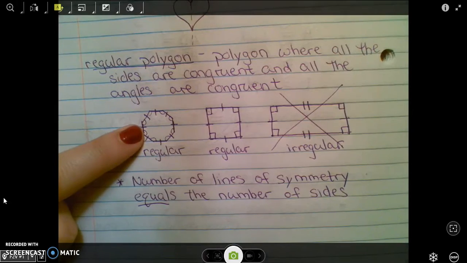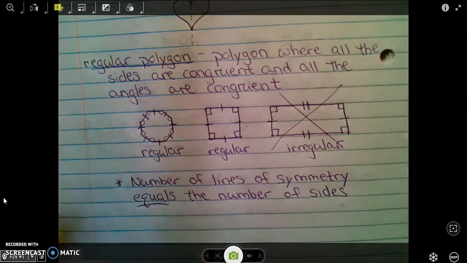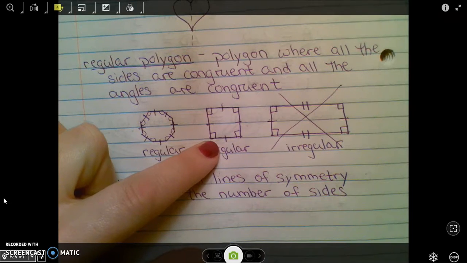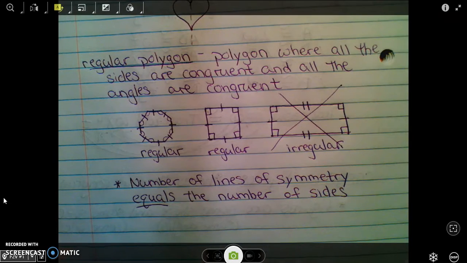So an octagon has 8 sides, there would be 8 lines of symmetry. In a square, there would only be 4 lines of symmetry because there are 4 sides in the square. And we discovered this by folding the paper to find the lines of symmetry.